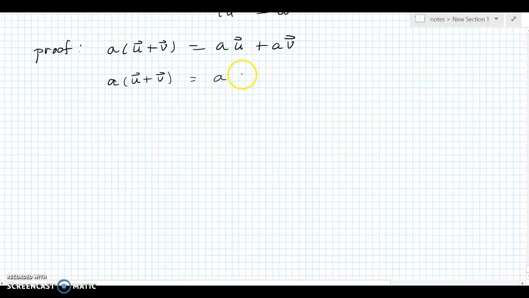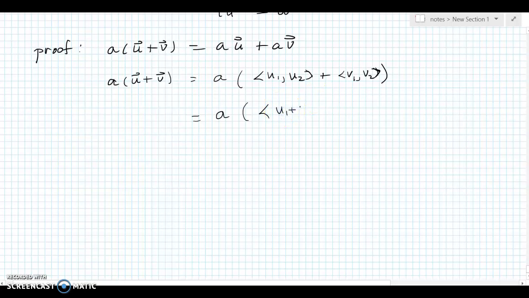So there's my constant A times component U1, U2 plus V1, V2. And I know addition with vectors, I can add the components. So that's what I'm going to do now. I'm going to add my components here because I have addition with components.